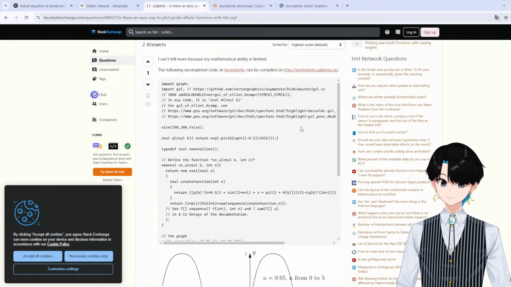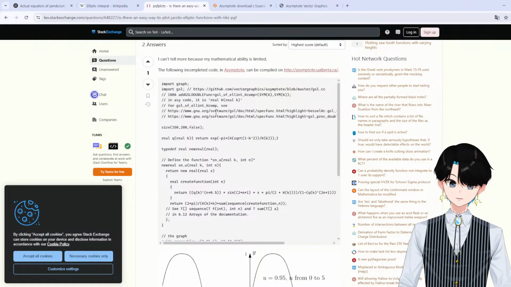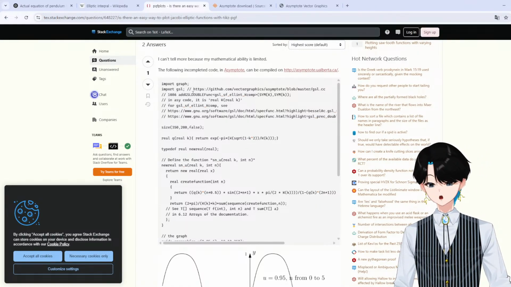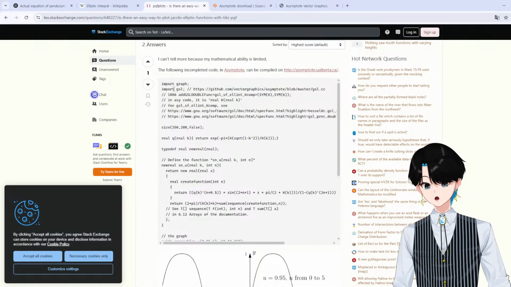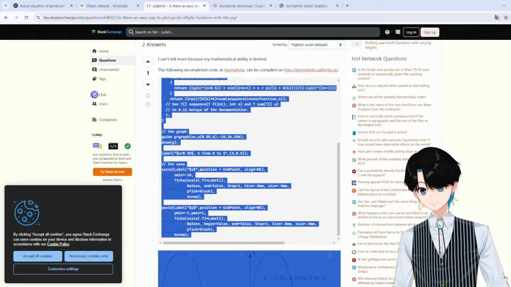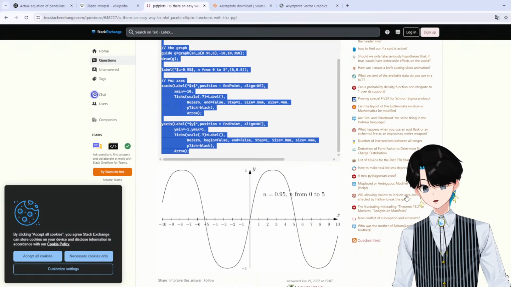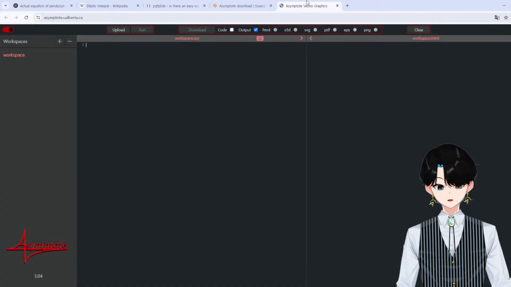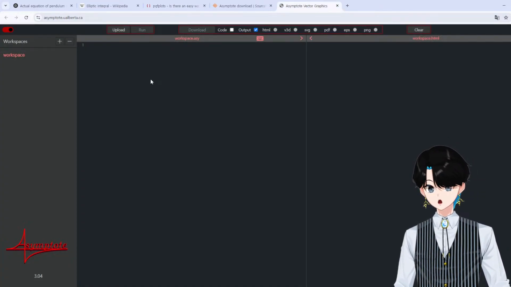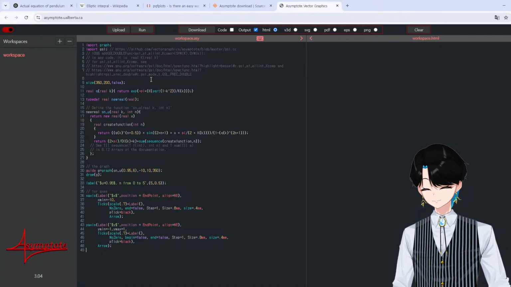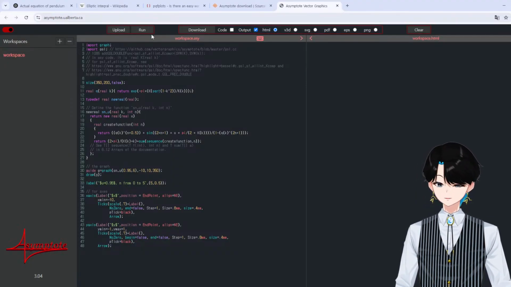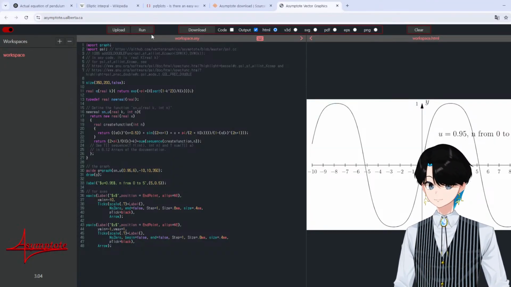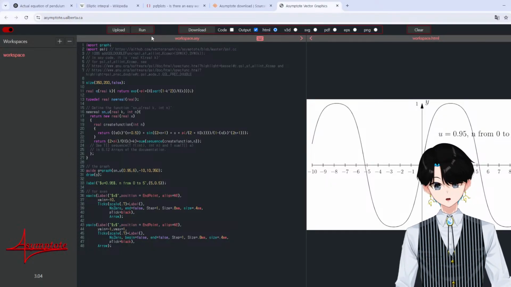Okay. Import graph, import gsl. Let me try Control C, Control V on here. And okay. Oh, there's run. Oh, okay. Yeah.